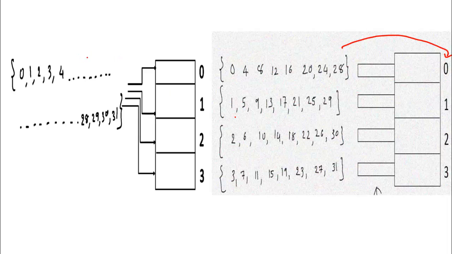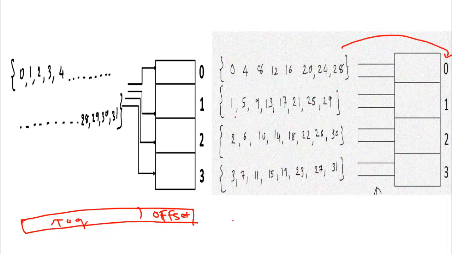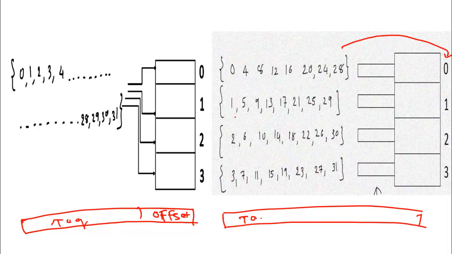In case of associative mapping there is nothing like this, and just because of that, in case of address division in associative mapping, the address of a main memory block or main memory word is divided into only two parts named tag and offset. And in case of direct mapping, the address was divided into three parts: tag, cache block offset, and simply offset or word offset, whatever you would like to say.